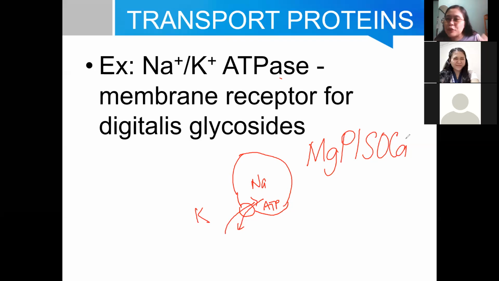Magnesium and potassium are supposedly intracellular cations. When you say intracellular, they should be located inside the cell.